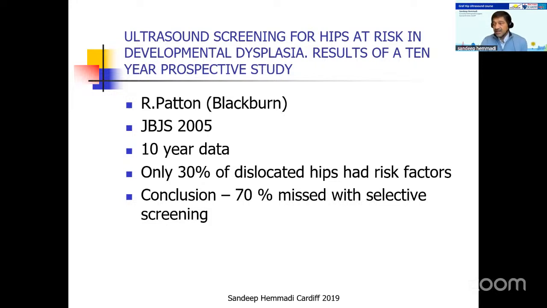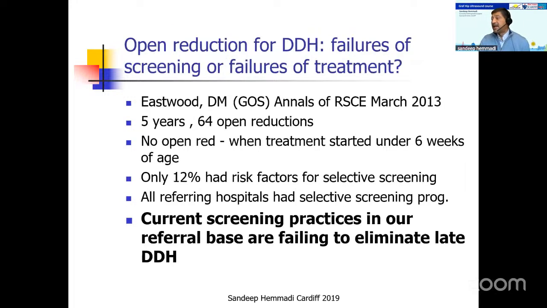That means even if you screen for every known risk factor in that group, you would have missed 70% of those dislocated hips. This was a paper from Great Ormond Street, where only 12% of the hips they were doing open reductions on had risk factors for selective screening. So their current screening program was basically failing to eliminate their late DDH presentation.